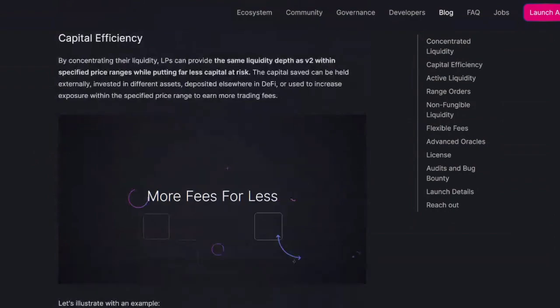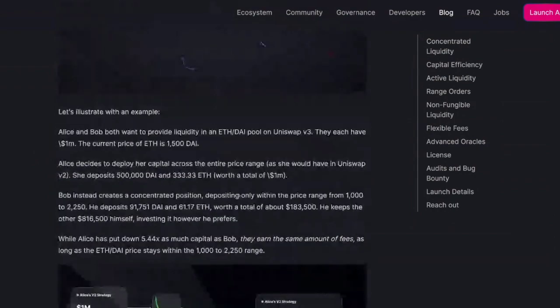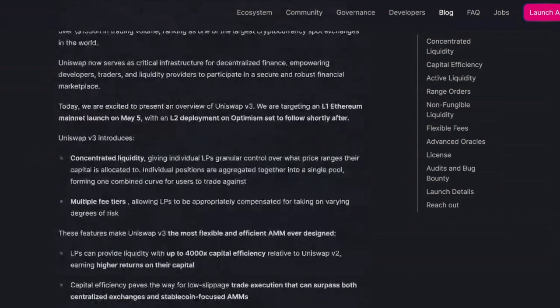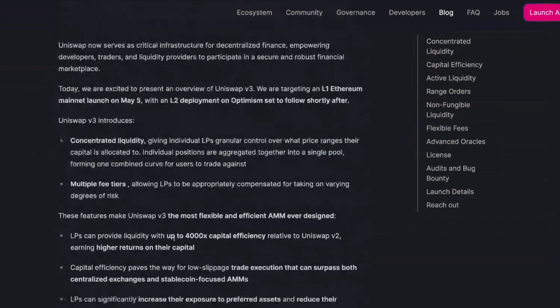Yeah, capital efficiency. I think that they said something like you can get up to 4,000 times as capital efficient relative to V2 because you can concentrate it so heavily. Where that might apply is on stablecoin to stablecoin pools. So with DAI and USDC, you could LP one of those pairs, and the expectation is that they should basically always trade 1-to-1.